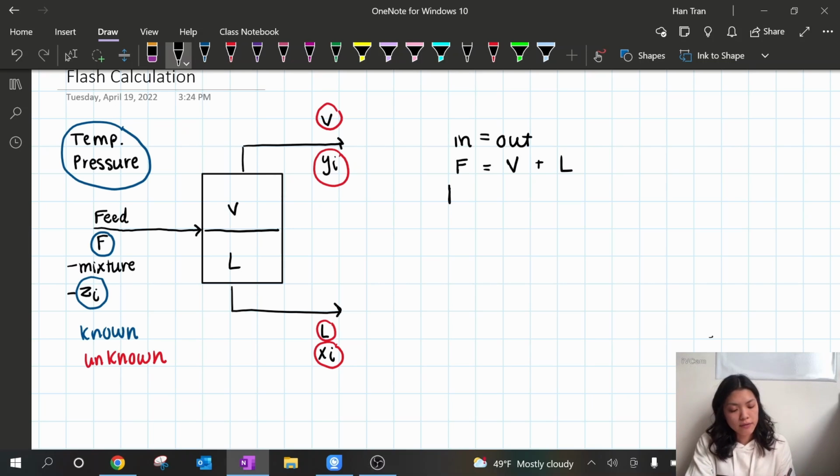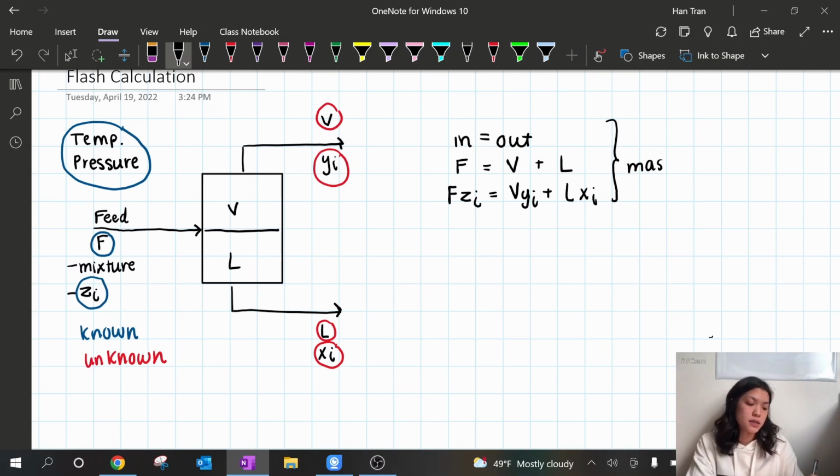And so feed times the feed mole fraction, of one component, is going to equal the vapor times the vapor mole fraction of that same component plus the liquid times the liquid mole fraction of that same component. So this we know because of mass balance, we know those to be true.